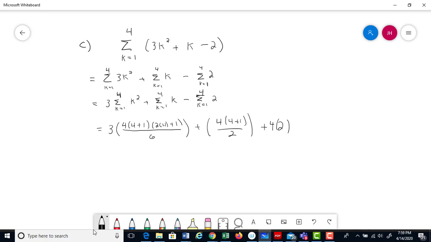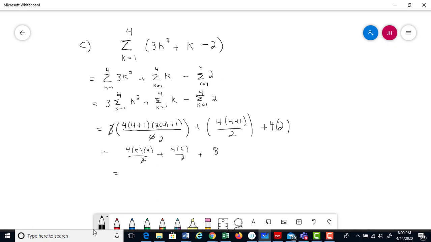All right, now simplifying. Actually, I can do this. This is going to turn into 2, right? So I have the top is 4 times 5 times 9 all over 2, plus 4 times 5 all over 2, plus 8.